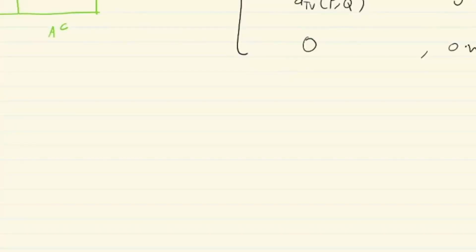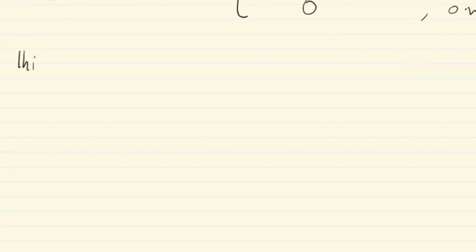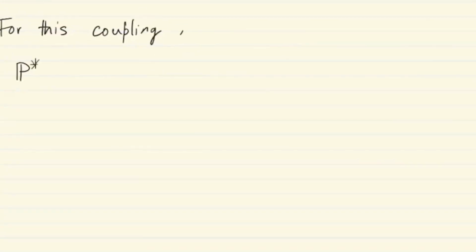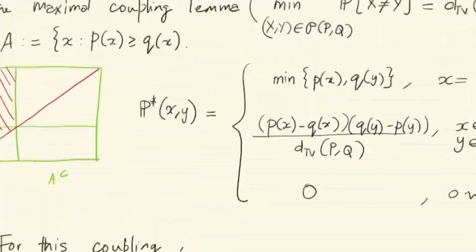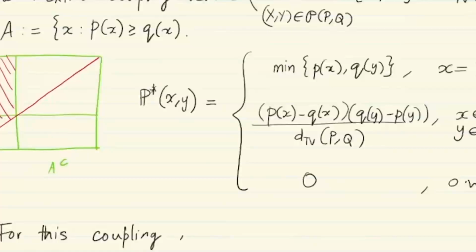So for this coupling, we can easily evaluate P*(X ≠ Y | X = x). Now what is the probability of X not equal to Y given X equal to small x? Well, if small x is in A, then there is potentially some non-zero probability of Y not equaling x. But on the other hand, if x is in A complement, then in fact y always has to be equal to x by our construction.